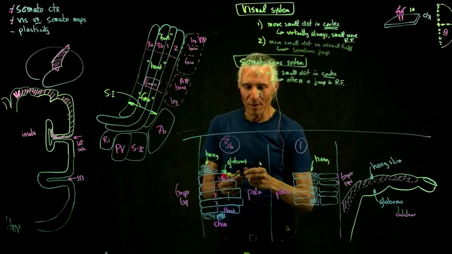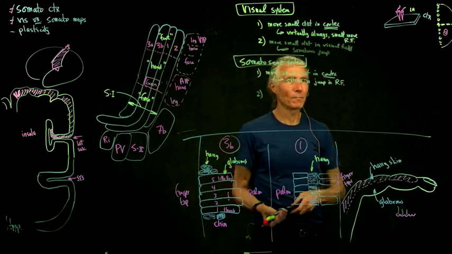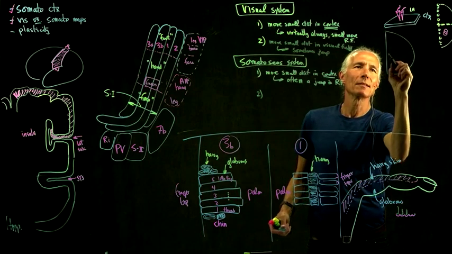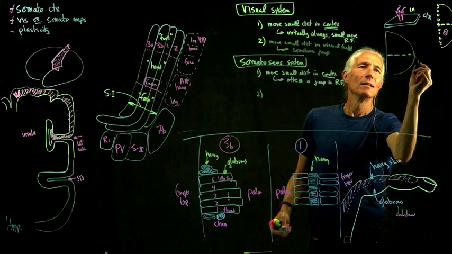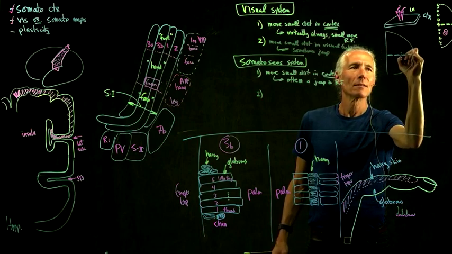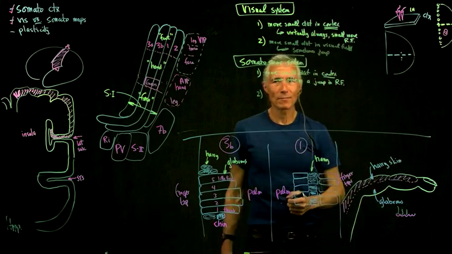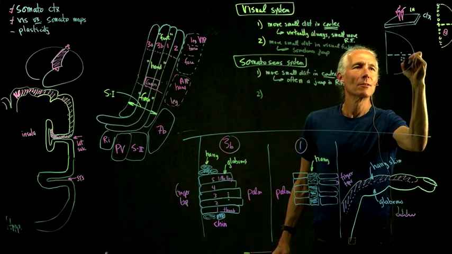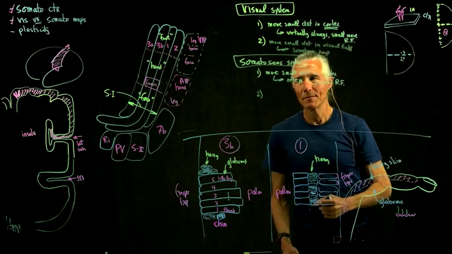One example was if we cross the horizontal meridian. As soon as we cross the horizontal meridian, we suddenly jump. So we're going 1, 2, 3, and there's a jump on the cortex.